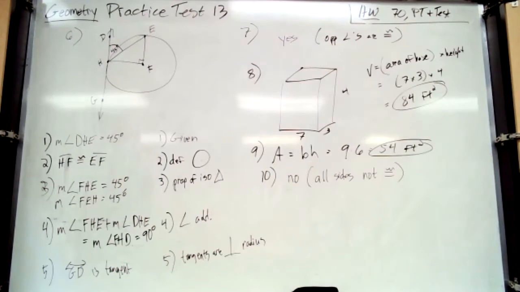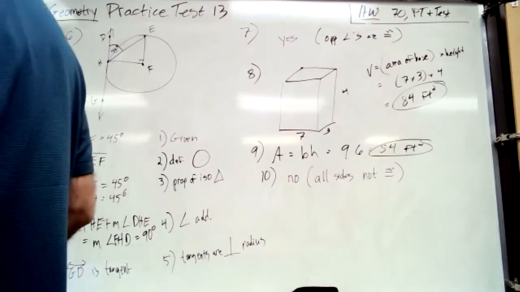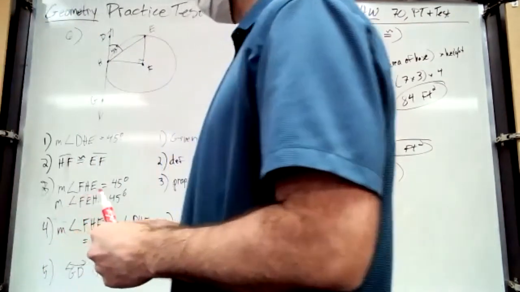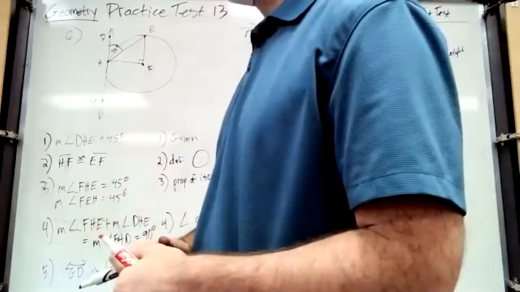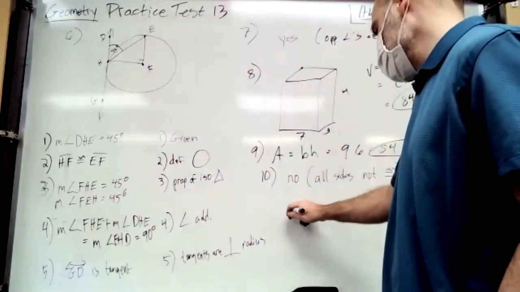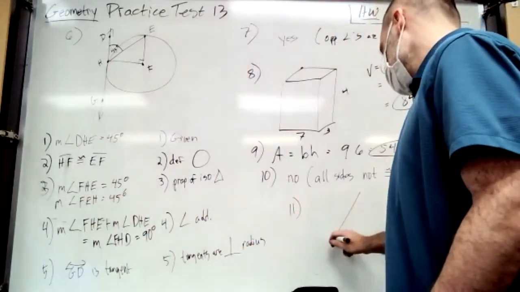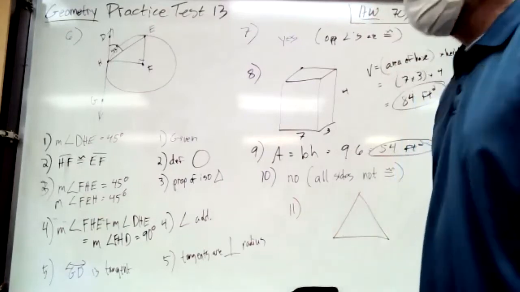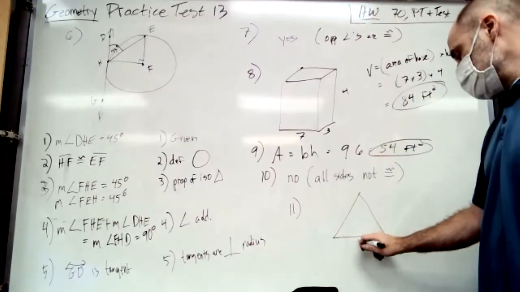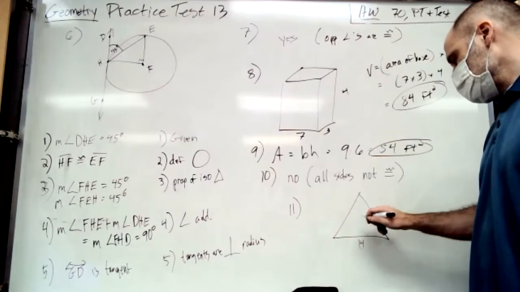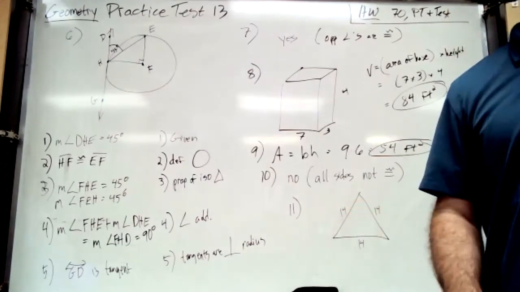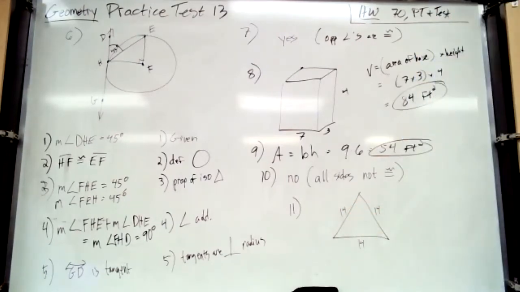Okay, good? All right, number 11. A flag is in the shape of an equilateral triangle, and each side measures 14 inches. What is the area of the flag? So this is back to this guy. How do you find the area of an equilateral triangle if you're just given the side?